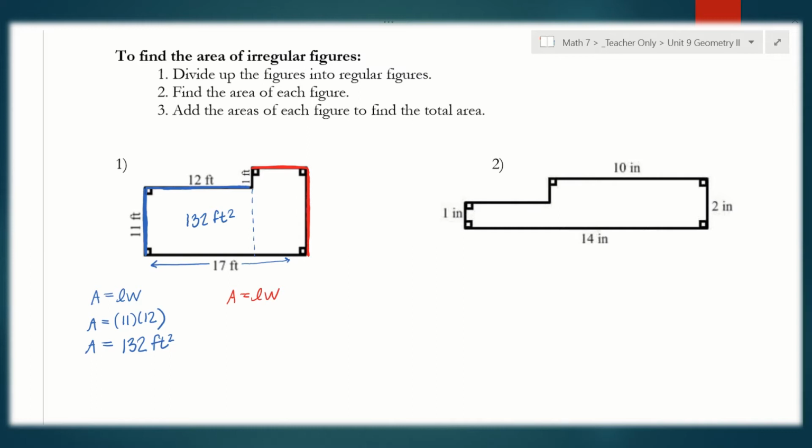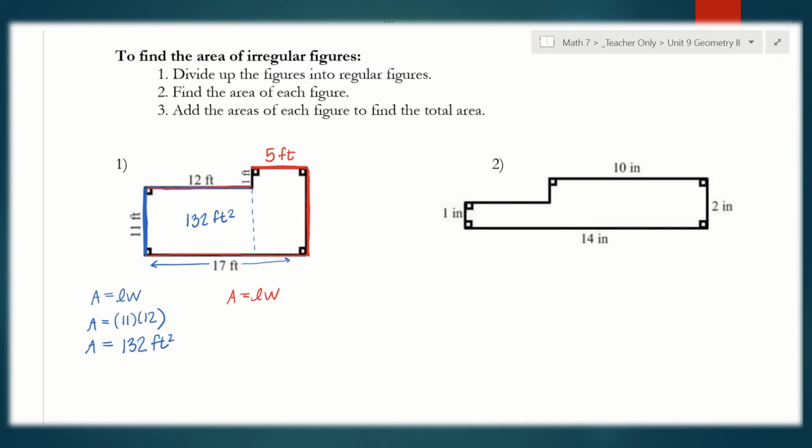One way that I could look at finding the width is to say, I knew this whole side was 17, and I know this side is 12. So 12 plus what is going to give me 17? 12 plus 5. So I know that that width would have to be 5.